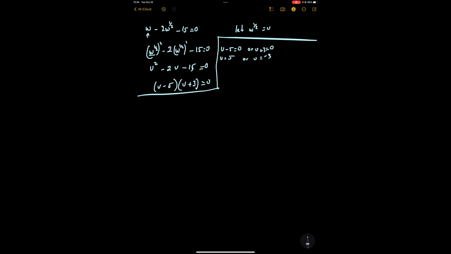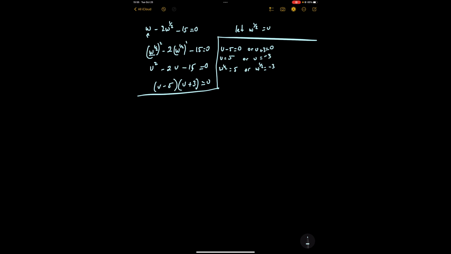But remember, we're not dealing with u, we're dealing with w to the power of half. So technically we have w to the power of half equal to 5, or w to the power of half equal to negative 3. What are we going to do now?